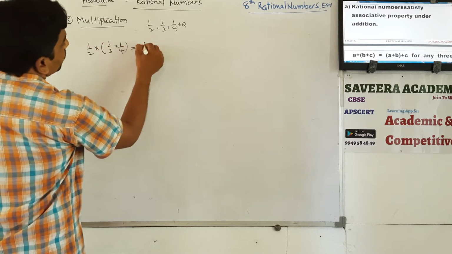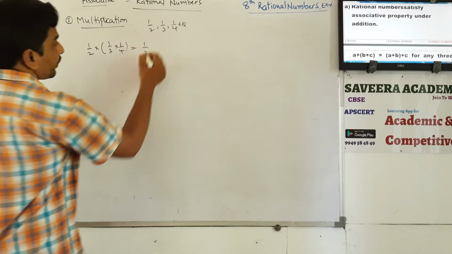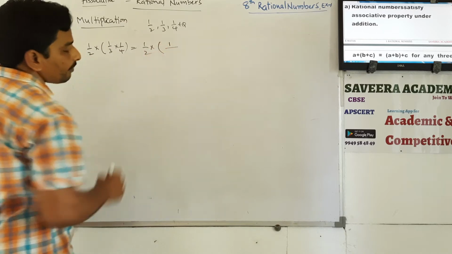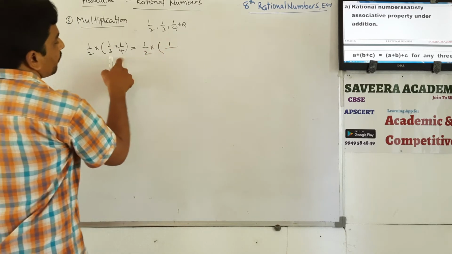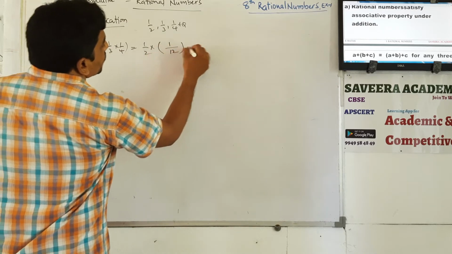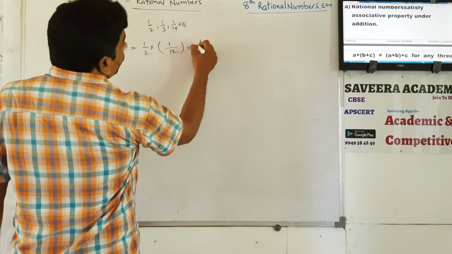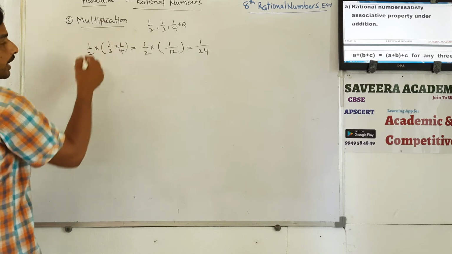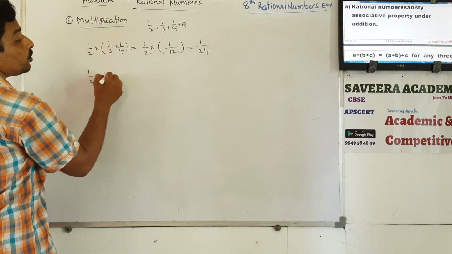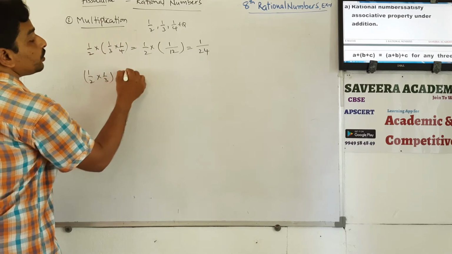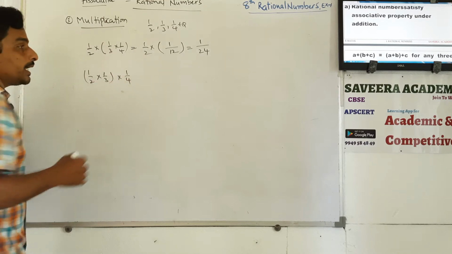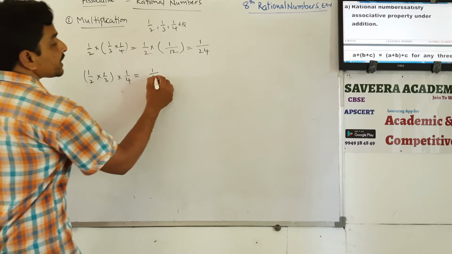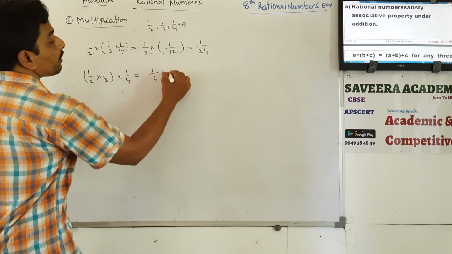So this is equal to 1 by 2 into, first multiply numerators, 1 into 1 is 1, divided by denominators, 3 4s are 12. So again 1 into 1 is 1, 2 12s are 24. Now 1 by 2 into 1 by 3, into 1 by 4. Let us find. This is equal to 1 into 1 is 1, 2 3s are 6, into 1 by 4.